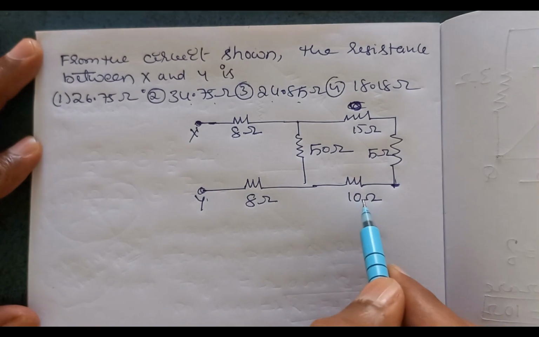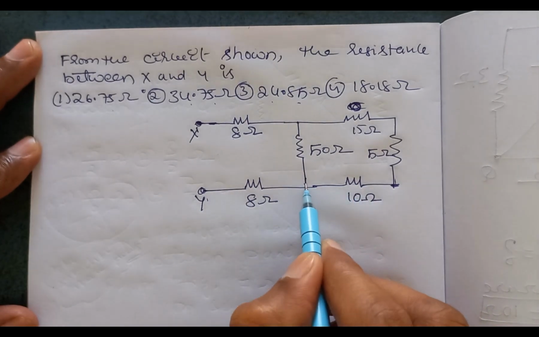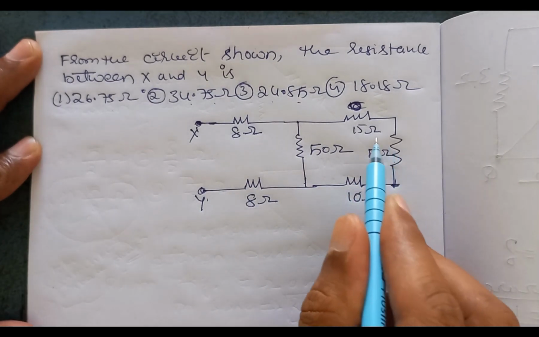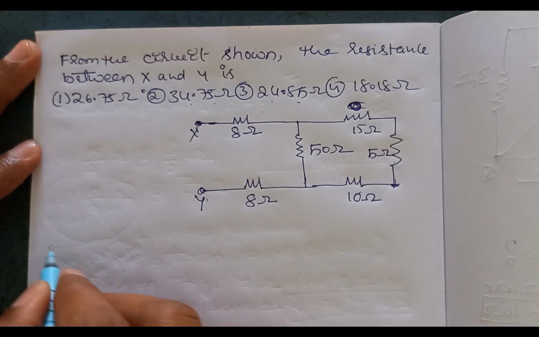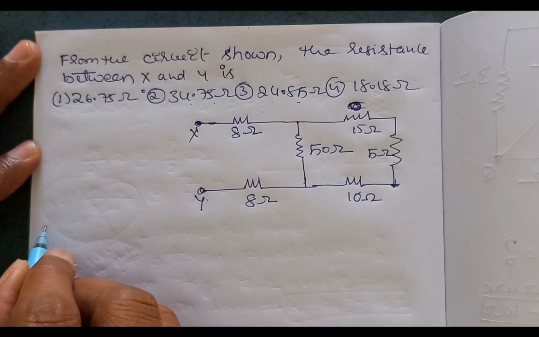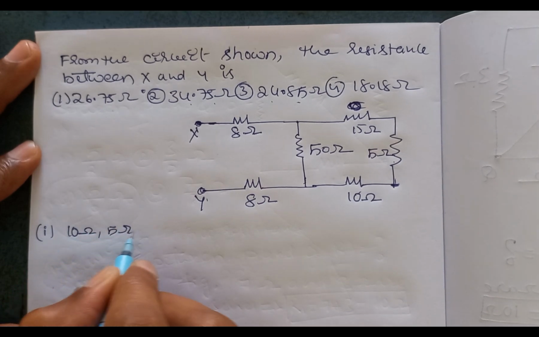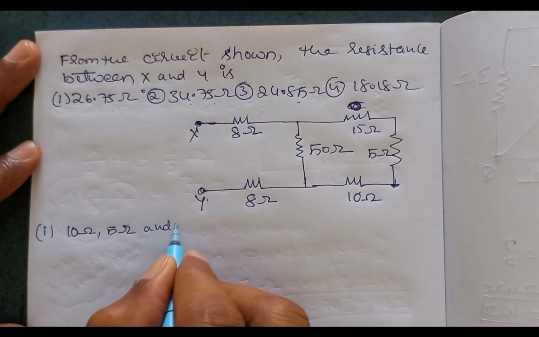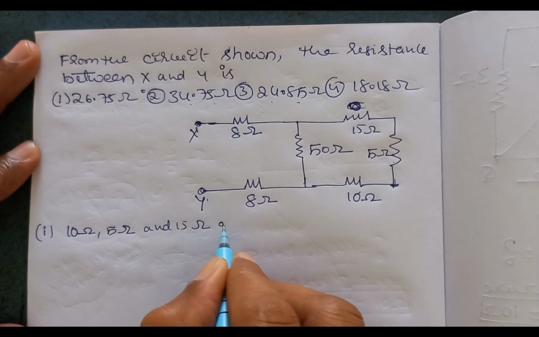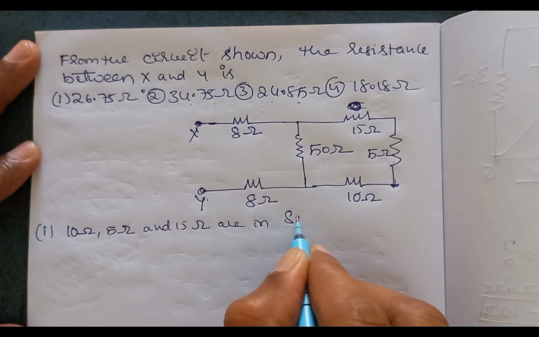So from this circuit, you can see 10 ohms, 5 ohms and 15 ohms are in series. First step, 10 ohms, 5 ohms and 15 ohms are in series.